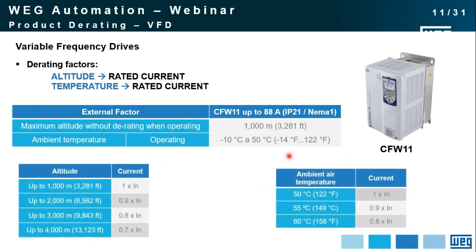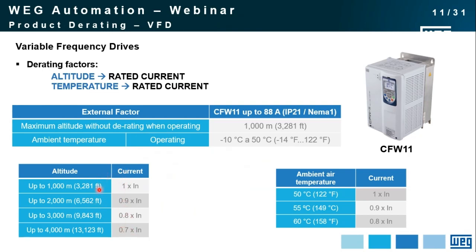However, if you have to exceed these limits because your application requires, we have these two tables here, one for each factor. First one is altitude. As we go up in altitude, we have to use these factors here.